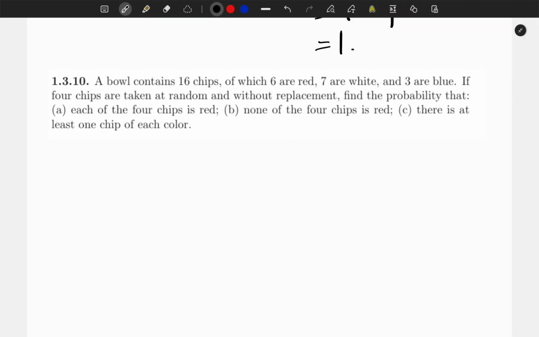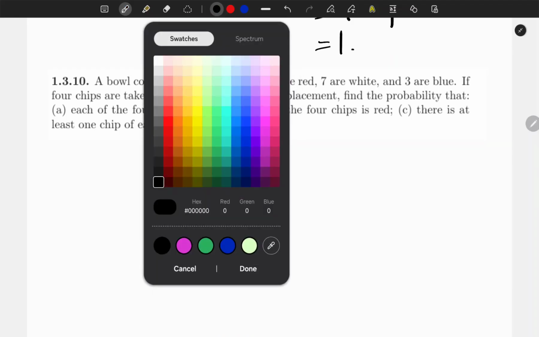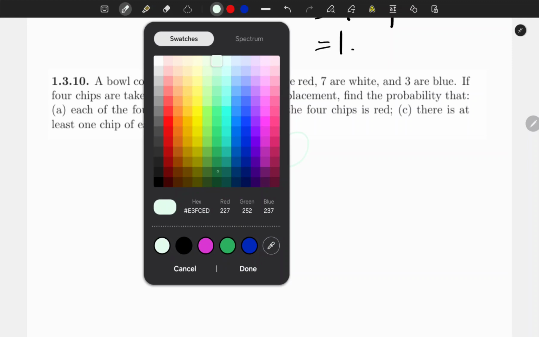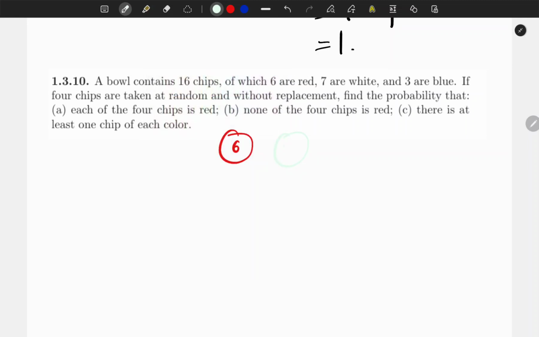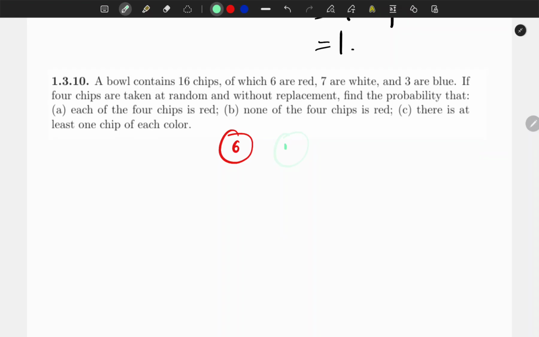There are 16 chips, 6 are red, 7 are white, and 3 are blue.